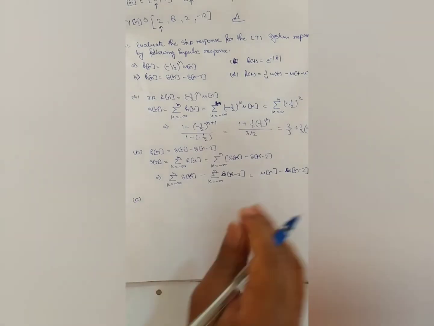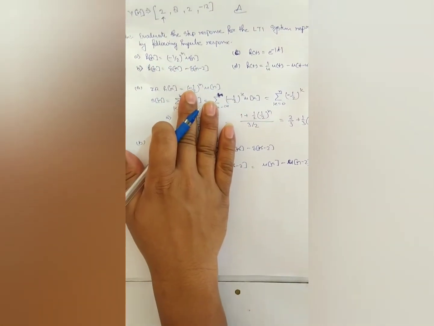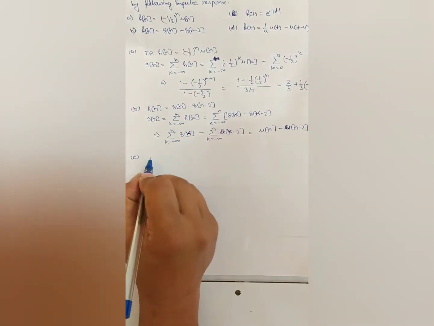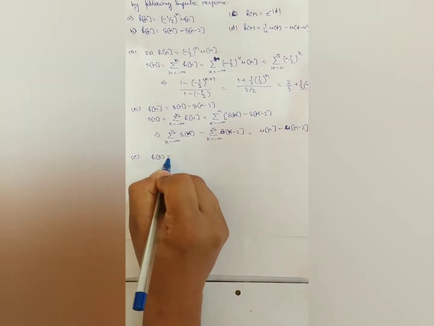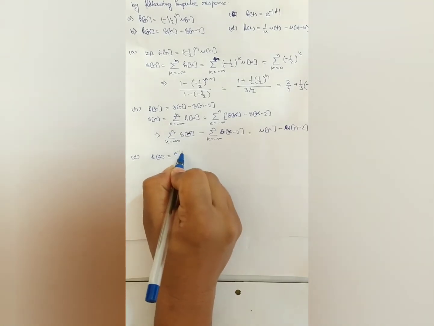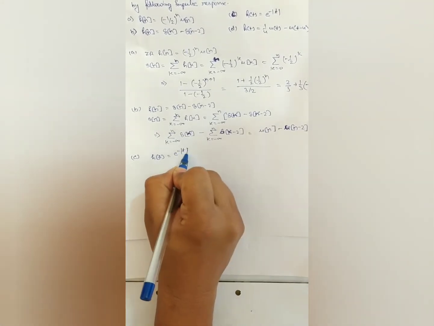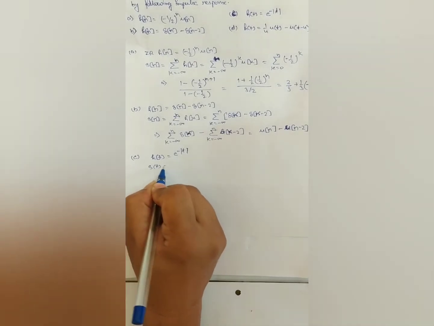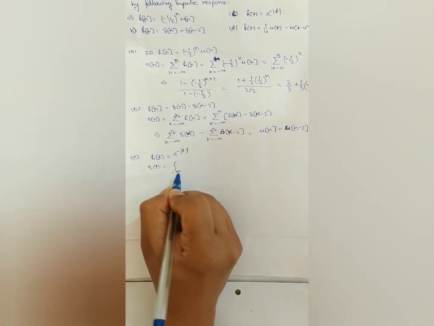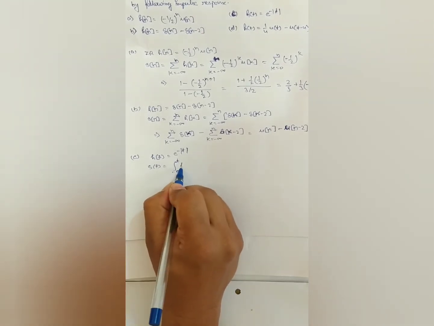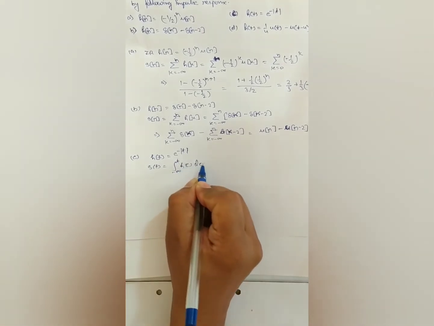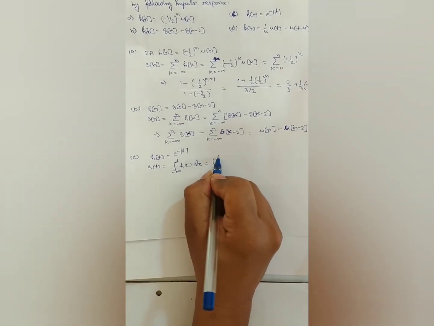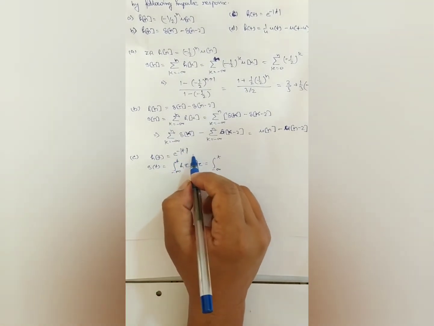Question number C, for continuous time. The impulse response h(t) equals e to the power minus mod of t.